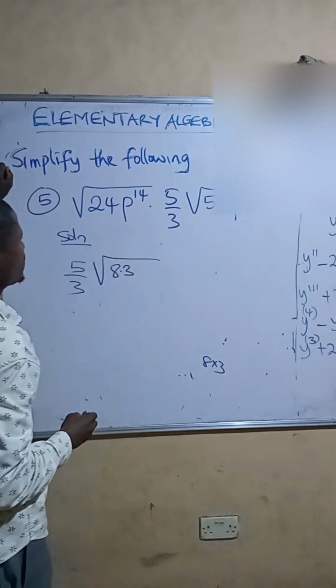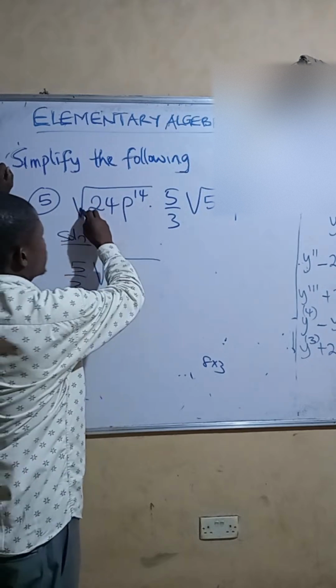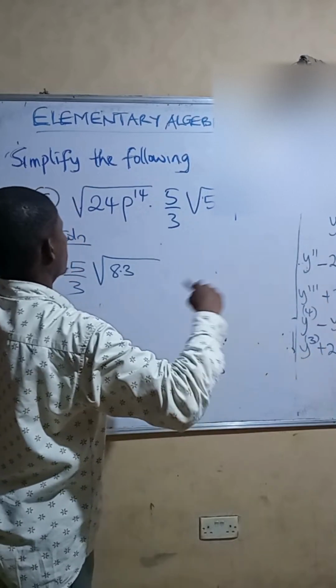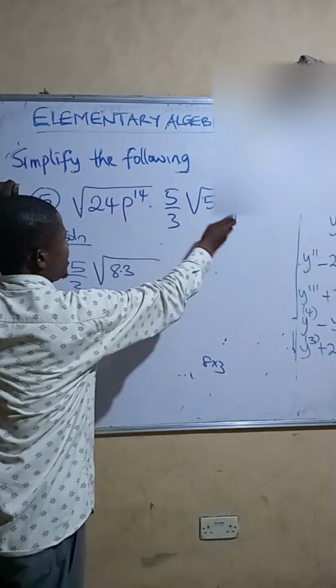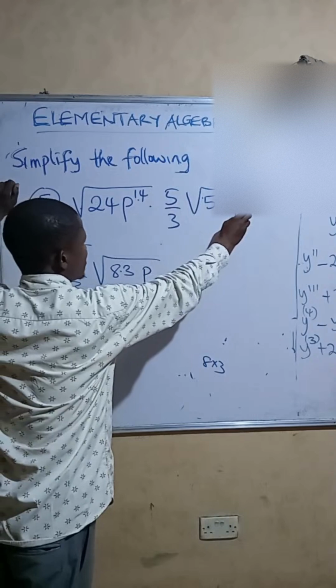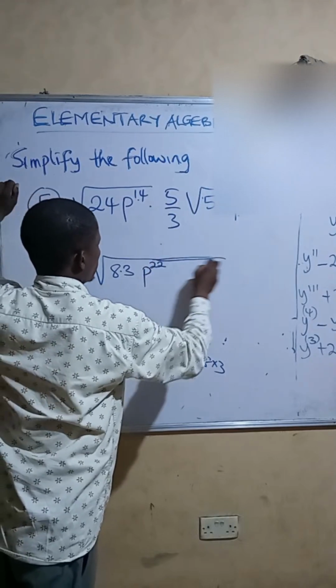These are P^14. And don't forget, square root, it will be single, it's all combined together. So we can have this one and this one. That's a P^14 plus 8. That's 22. And combine it together.